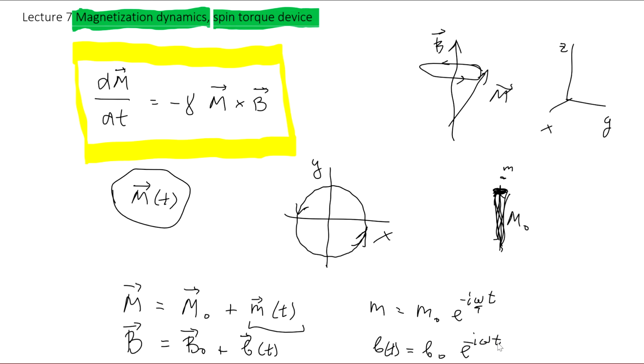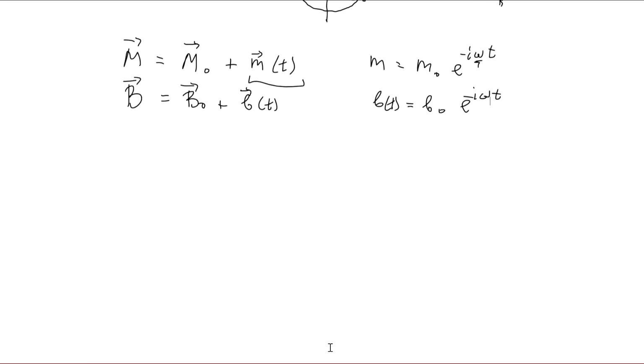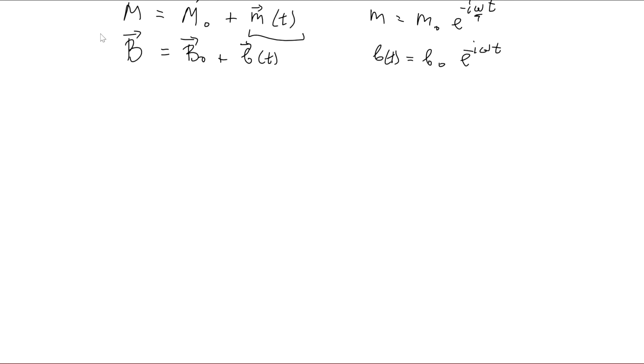So what we are doing is we are wiggling this magnetic moment with a small magnetic field, and we are looking for the response at the same frequency. So if we shake it with frequency of omega, we are looking for the response at the same frequency. So that was our approach last time.